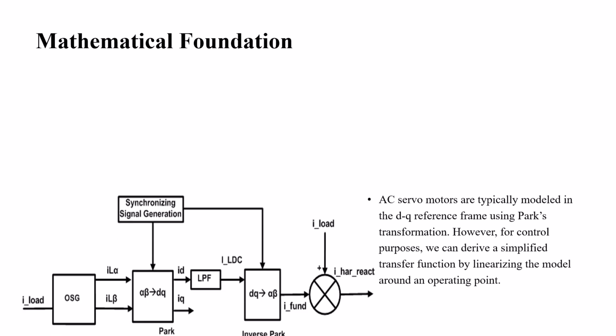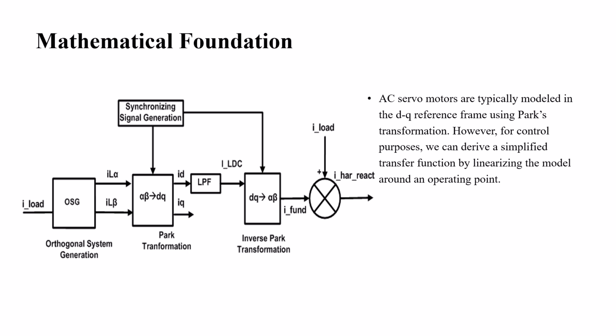And the next one is the modeling foundation, because when we are dealing with AC based equipment, not only motors, but also AC converters, AC rectifiers or AC inverters, we need to get a primary understanding of one topic called transformation techniques. Those are called Park's transformation and inverse Park's transformation. That means ABC will be converted to alpha beta, then converted to the DQ axis.